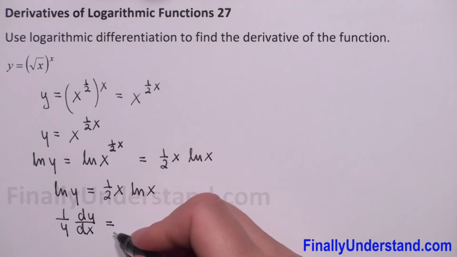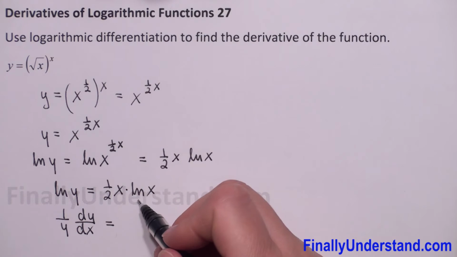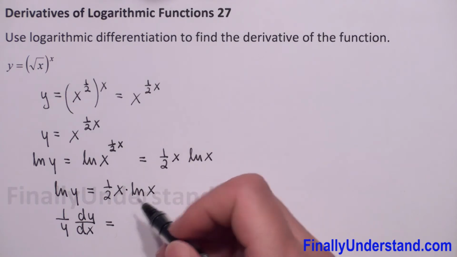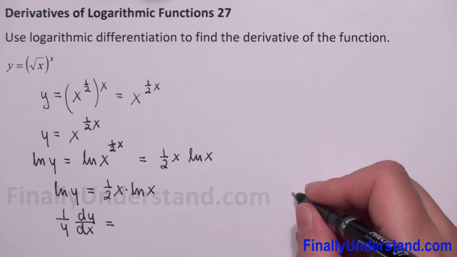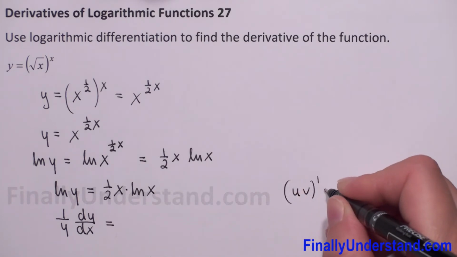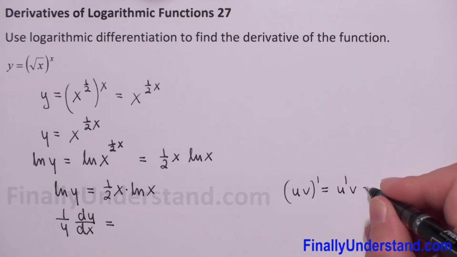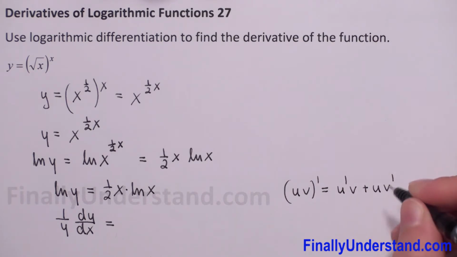So this is equal, on the right side we have multiplication, so we have to use product rule. Let me remind you, when we have u times v prime, this is equal u prime times v plus u times v prime.